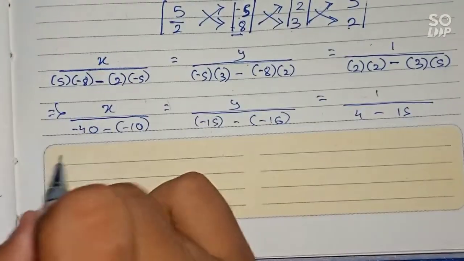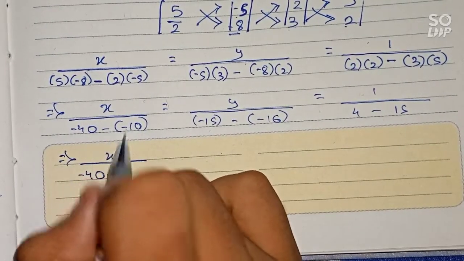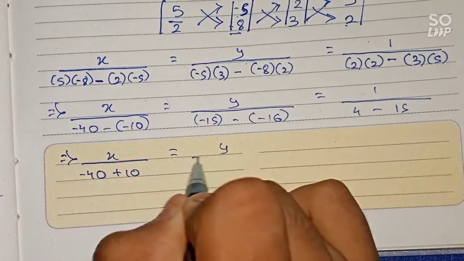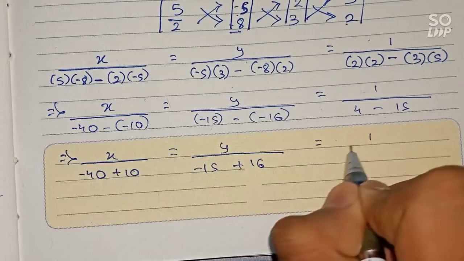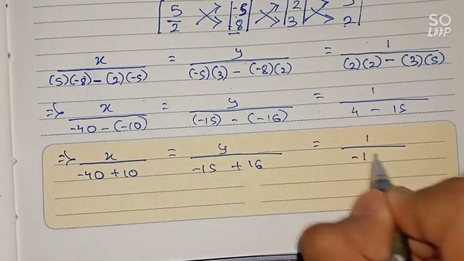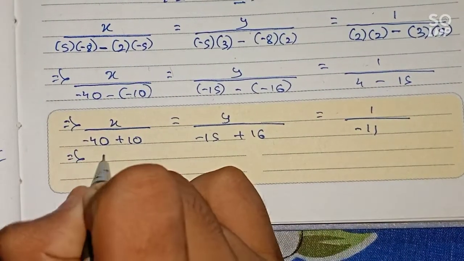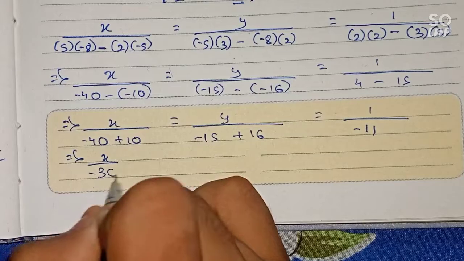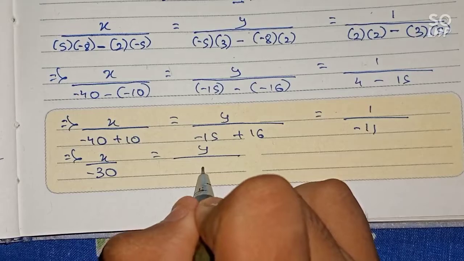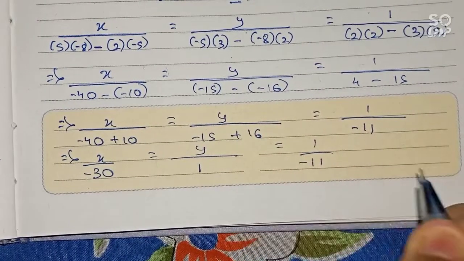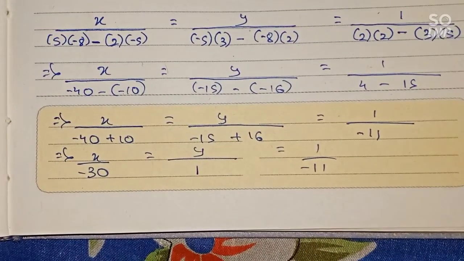So now finally x by minus 40, so minus minus plus 10, is equal to y by minus 15, minus minus plus 16, is equal to 1 by 4 minus 15, that is minus 11. So x by minus 40 plus 10, minus 30, is equal to y by minus 15 plus 16, that is 1, is equal to 1 by minus 11. So we have got x by minus 30 is equal to y by 1 is equal to 1 by minus 11.